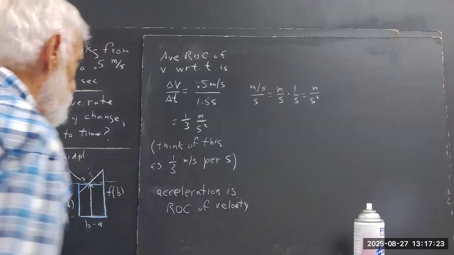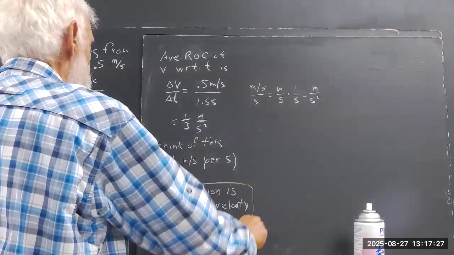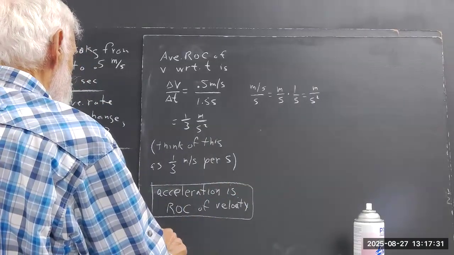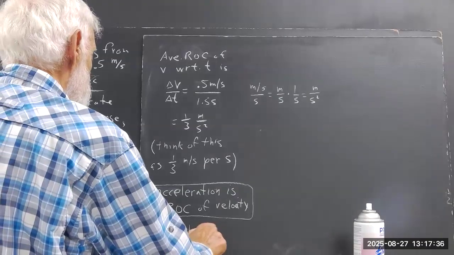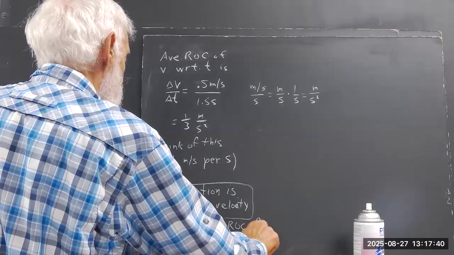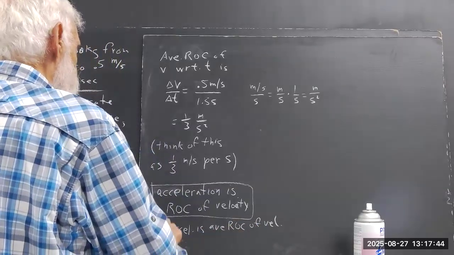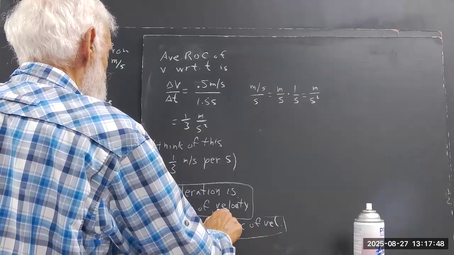I've garbled that word, but it's velocity. Acceleration is rate of change of velocity. Average acceleration is the average rate of change of velocity.